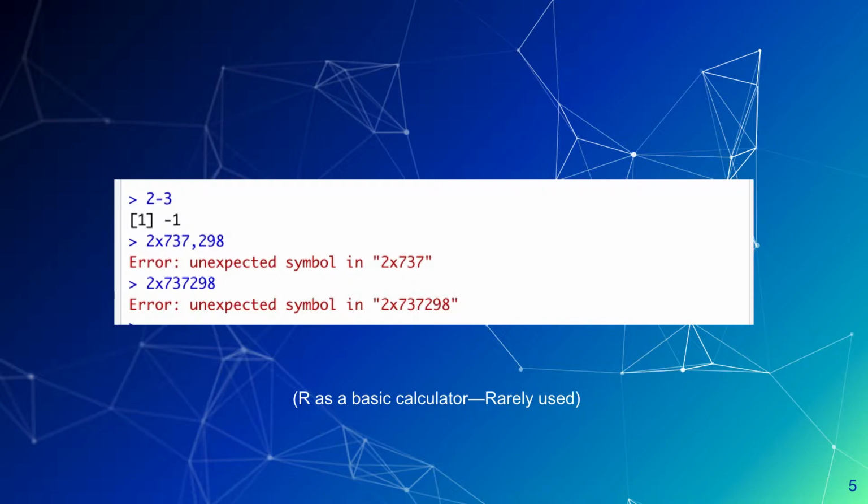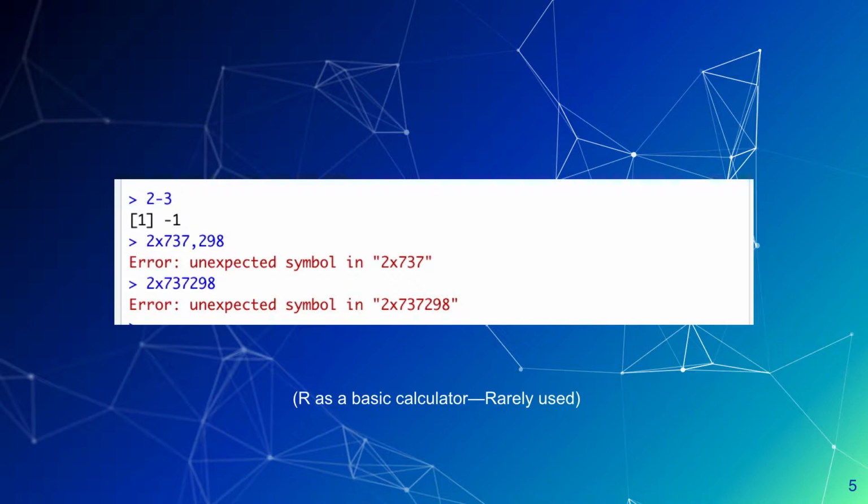So I did this first calculation: 2 minus 3. Hit enter, you get -1, right? Makes sense. But 2 times 737,298,000 got me an error. Why the error? Well, it says there unexpected symbol.